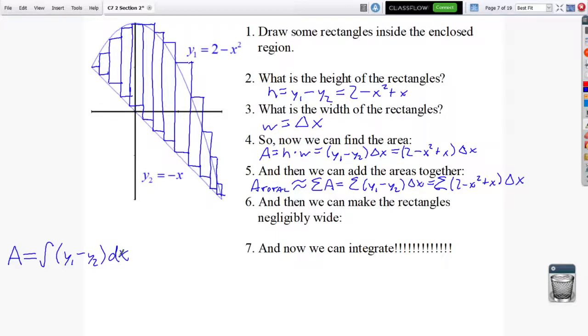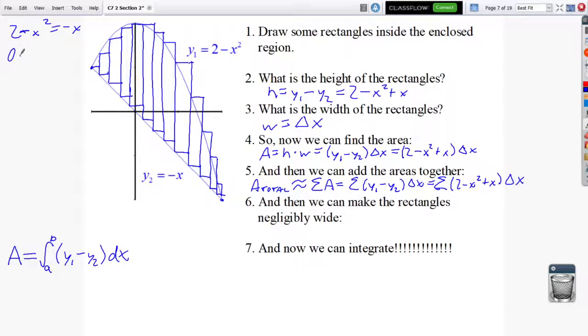Now, in general, we would want to be stretching from a to b, that's just from this point to this point. Those two points we can find either by graphing 2 minus x squared and negative x and using the intersect feature on our calculator, or we could do some scratch work and say 2 minus x squared is equal to negative x.